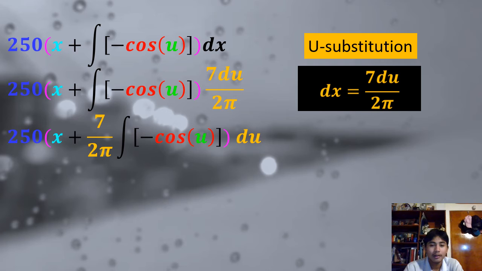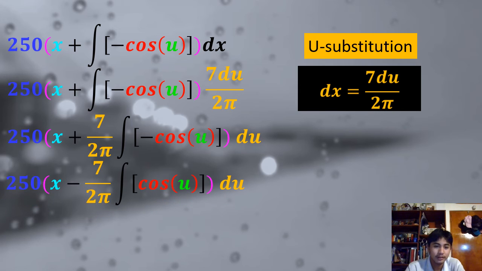And we have a constant here, right? So the constant means, kind of like the 250, since it's being multiplied to the equation, we can just factor it out of the integral. So we do just that. So now we just have an integral of cosine u, or I mean, antiderivative of cosine u times du.